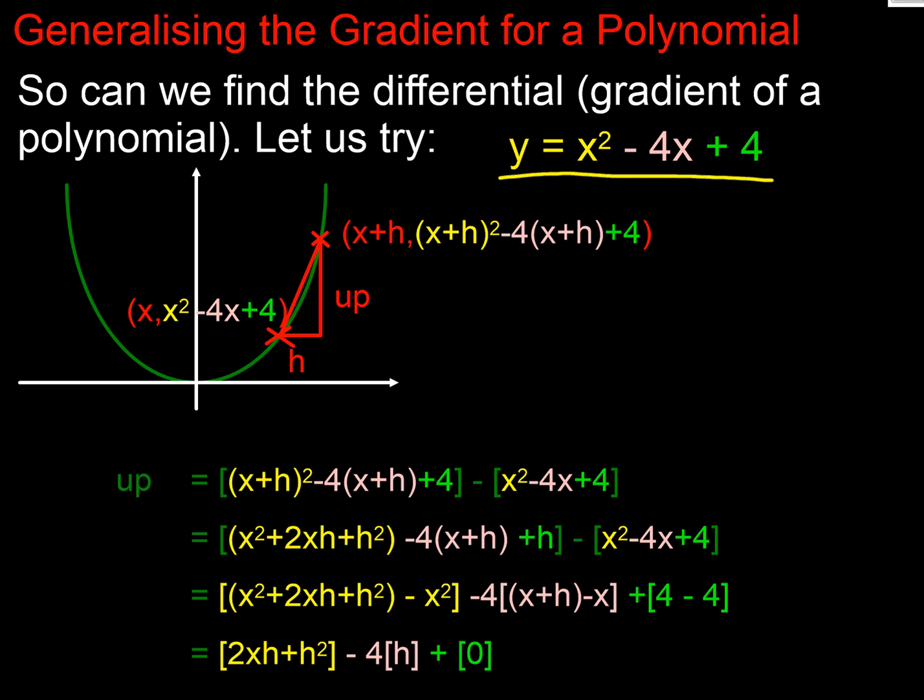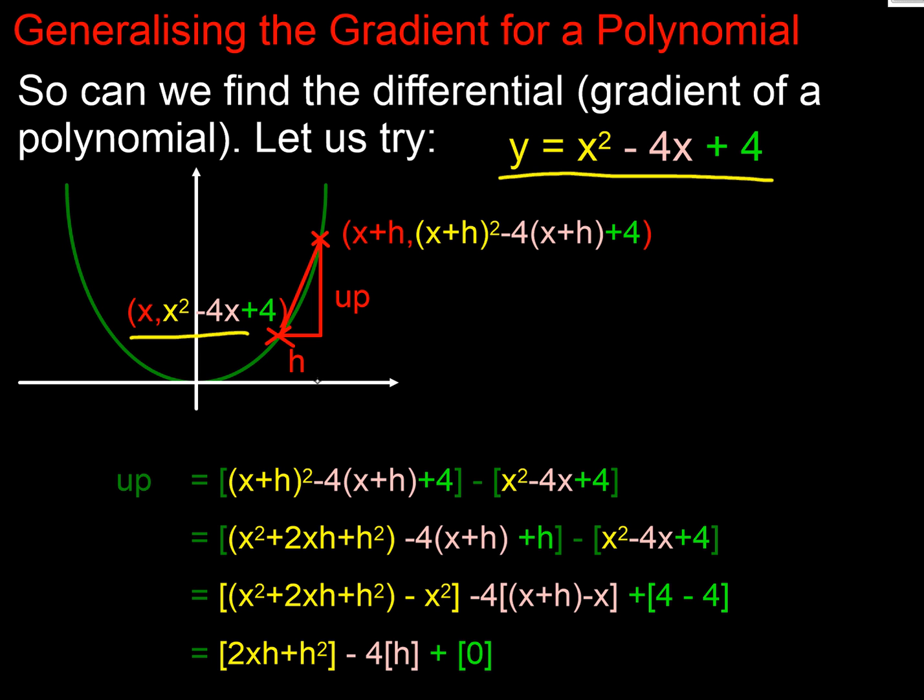I've got a quadratic formula and I've broken it up in different colours, so we can see what happens. So if we start at our point here, as we did in the previous video, the x value is x and the base point, and our y value there is going to be x squared minus 4x plus 4. That's our bottom point.